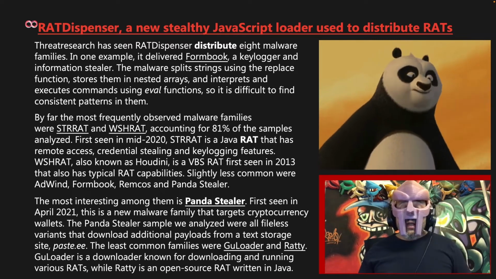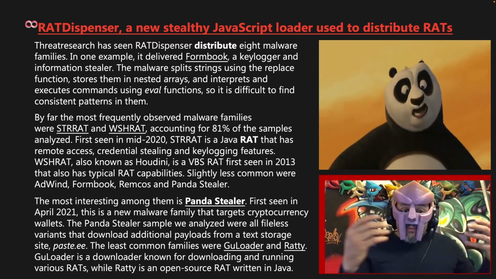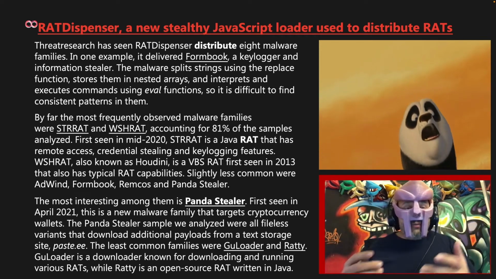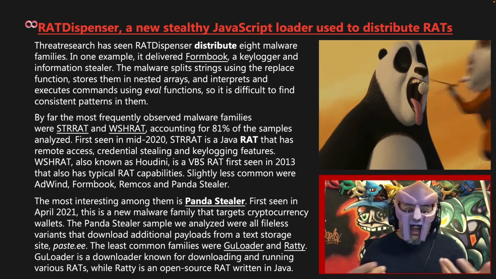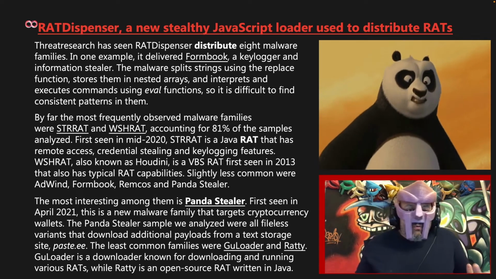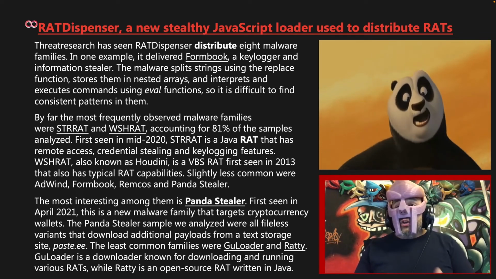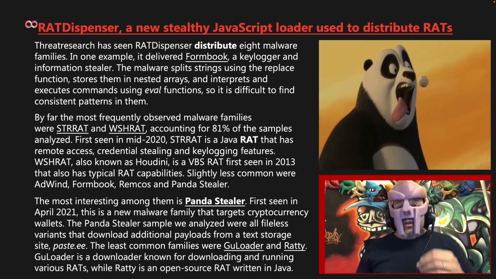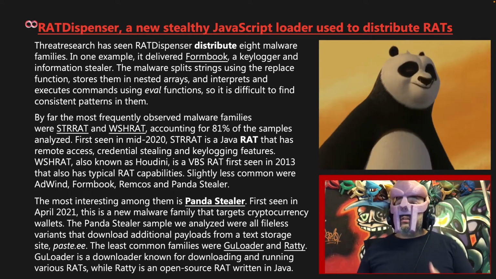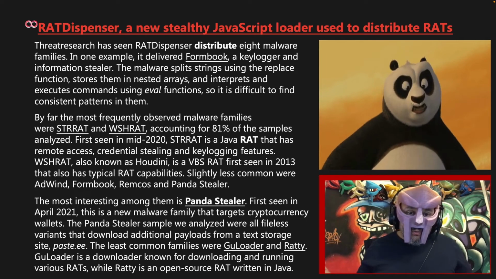A second defense involves setting up your mail server to potentially block malicious file extensions, or file extensions of files that you normally would not get, like .js for JavaScript or VBScript files, which you shouldn't be receiving by email anyway, or interrupting the execution of the malware by changing the default file handler for JavaScript files, or only allowing digitally signed scripts to run, or disabling Windows Script Host, WSH.